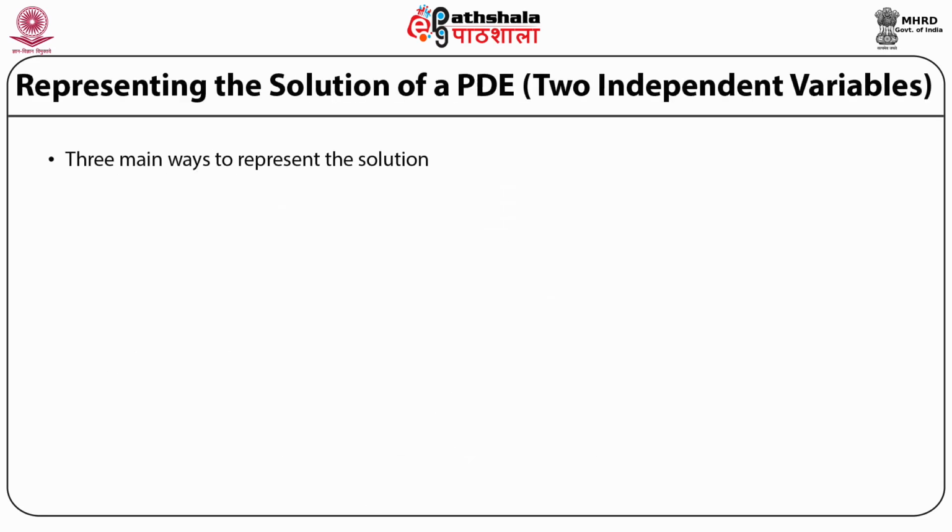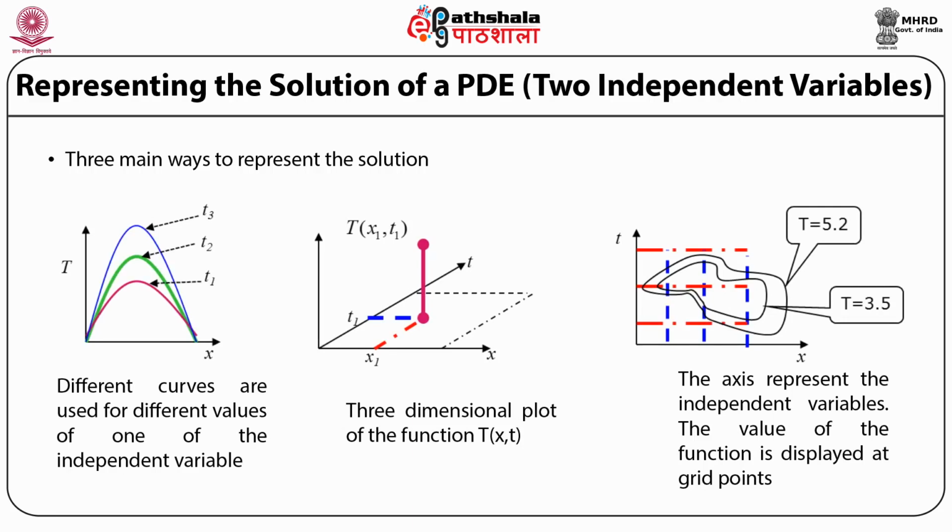We are going to see how to represent the solutions of a partial differential equation. The first, left side graph shows how the temperature curve changes with respect to time, and you can see it is a function of time, it is changing. In a two-dimensional graph, you can mention the different points, time t with respect to x and y, and the height will give the temperature, and the position in the graph is going to define the time with respect to x, or x with respect to time.